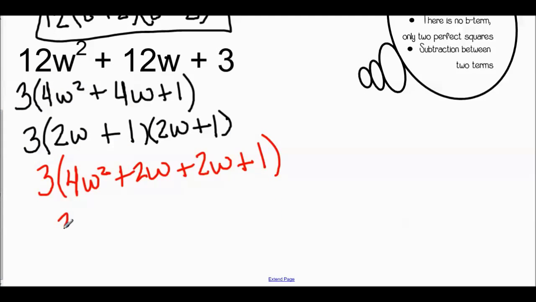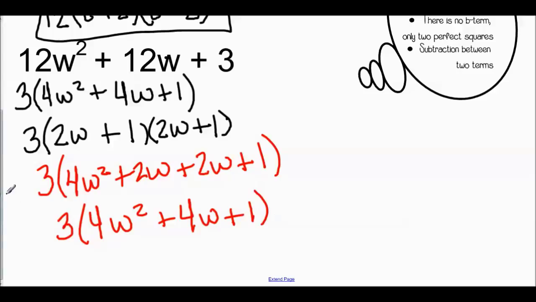Now I can combine those like terms, 2w and 2w, which would be 4w. Plus 1 there. So you can see how that goes back up and it matches what we did here. So in red was checking, and that brought me back up here to the original trinomial.